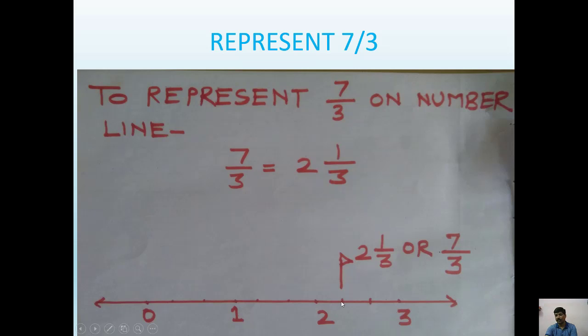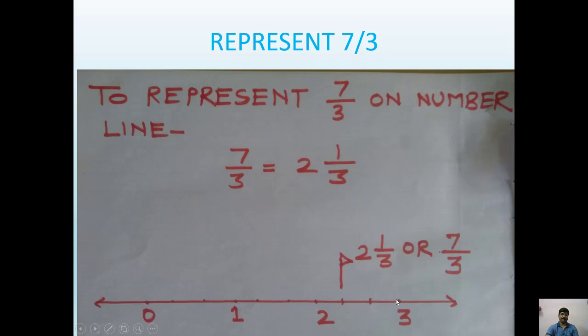Now what do we have to take ahead? 1 by 3. So we will take this part, this will be the 1 by 3 part. It means 2 whole and the next 1 by 3 part. So this point will represent 2 whole 1 upon 3, or we can say 7 upon 3.